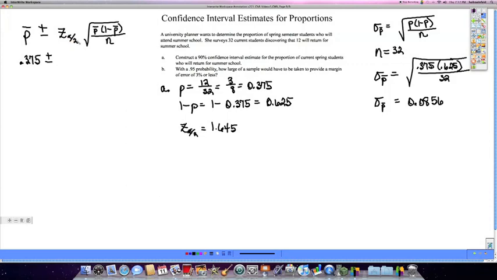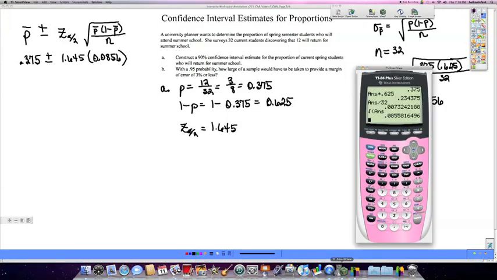And we are going to take the z-score we found, which is 1.645, and multiply that by the standard error of the proportion, which was 0.0856. And it is 0.141. I think that would be an excellent rounding.